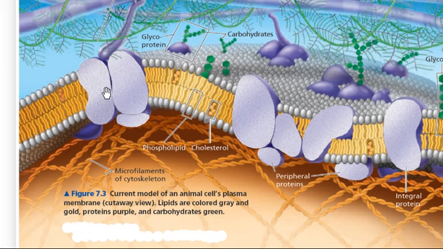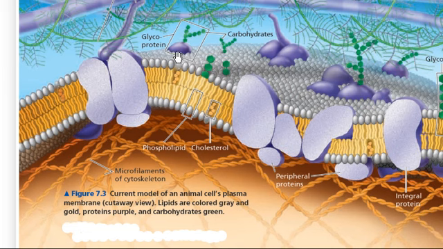These large molecules are proteins which act as channels for the movement of materials or as transport proteins. In the next slides we will study the function of membrane proteins.